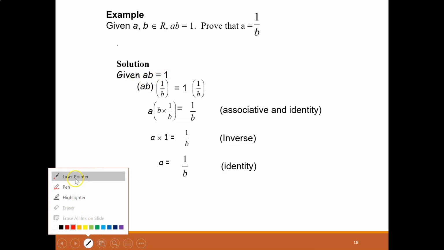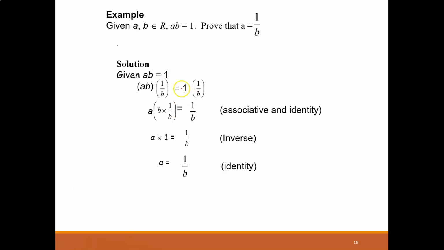Solution, given A times B equal to 1. The first thing you need to do is multiply it with 1 over B, since it's already given over here. You need to prove this one. So we just take this 1 over B and multiply it on both sides, darabkan dia di kedua-dua belah.